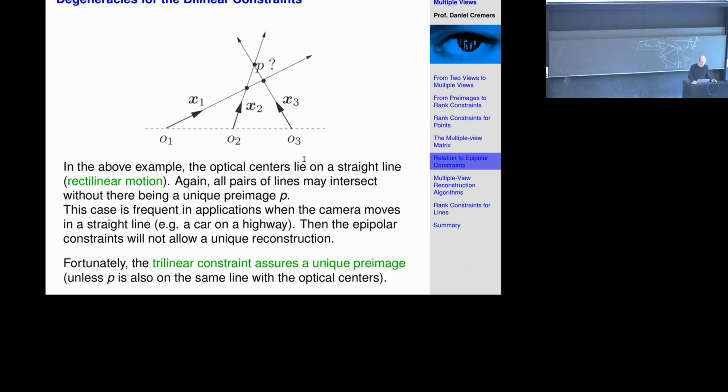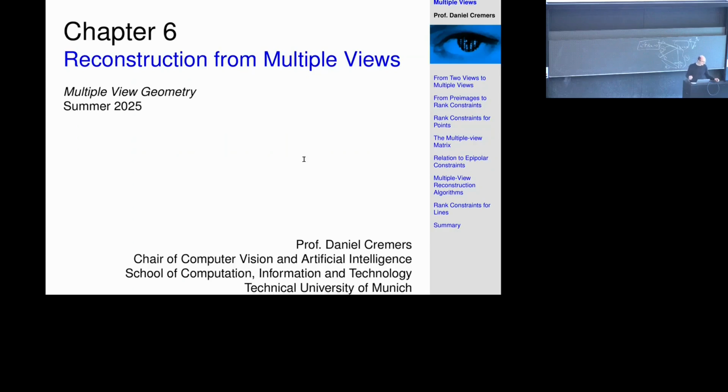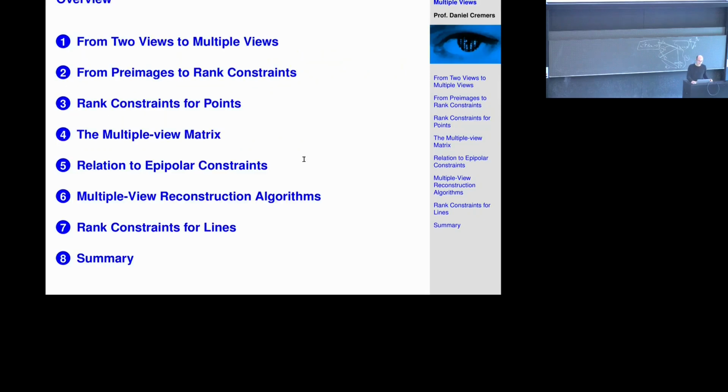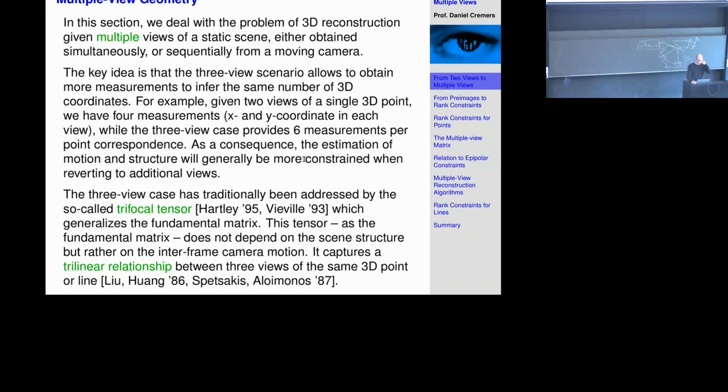So in that case, the question is, can we assure consistency for more than 2 views? And in fact, we'll see that you can, and that will bring you a benefit. And even though 3 views are often not used as much in a lot of software today, I do believe that enforcing 3-view consistency can make things more robust, more stable. And so this is what we're going to look at here, how we get from 2 views to multiple views, and we'll talk again about this concept of pre-images and how we can enforce consistency.